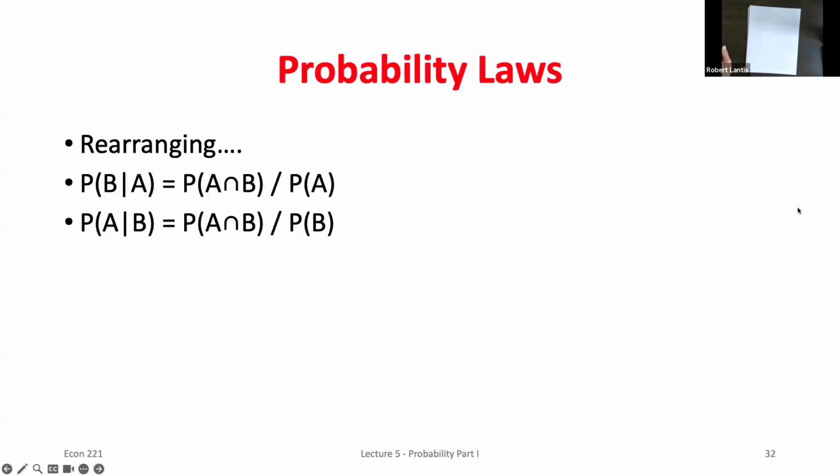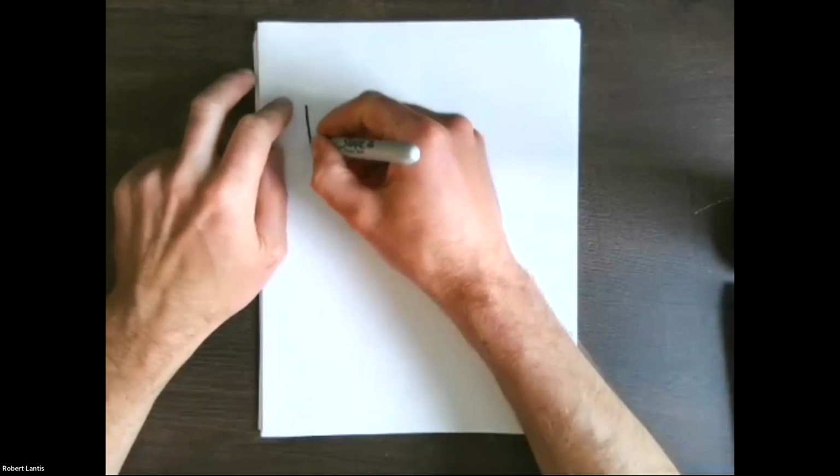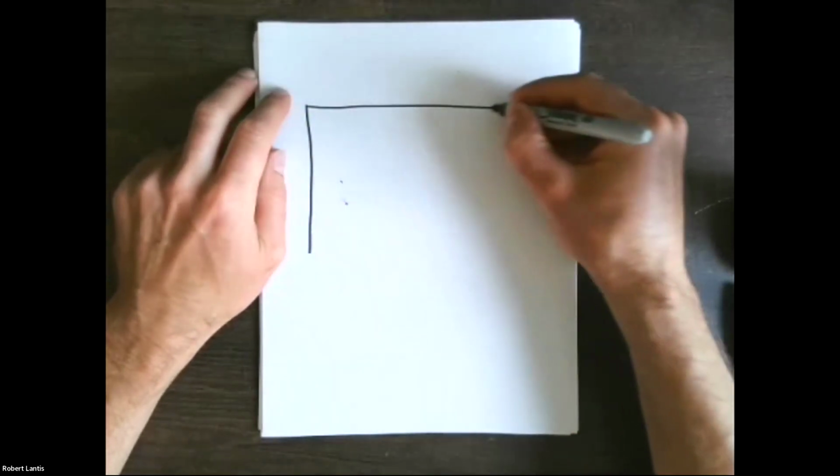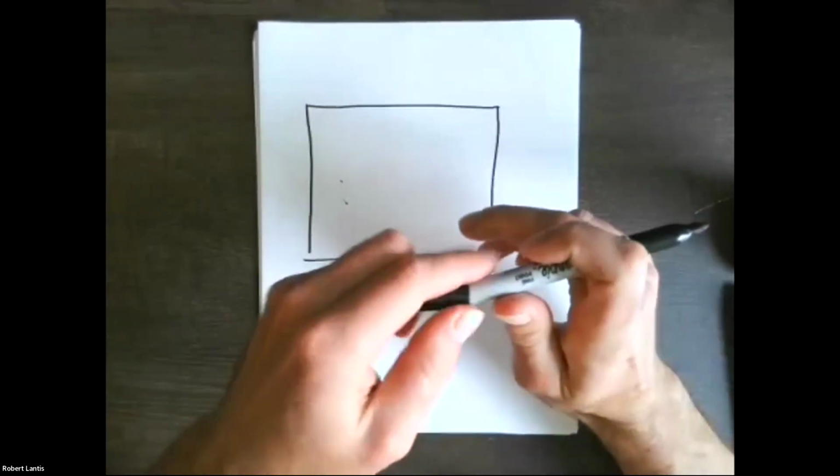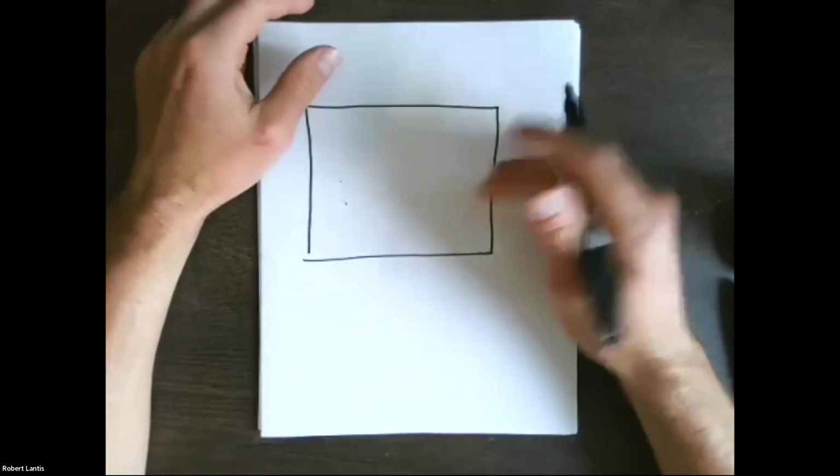Before we go to the summary, I want to show you a way to think about this. Let's say I draw a very extreme example. It won't always be like this, but I think this will help with the idea. I have this entire experimental outcome space with area of 1.